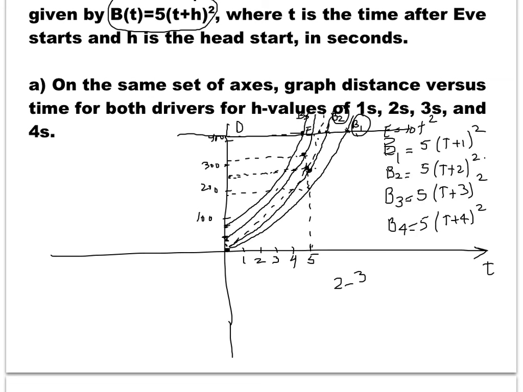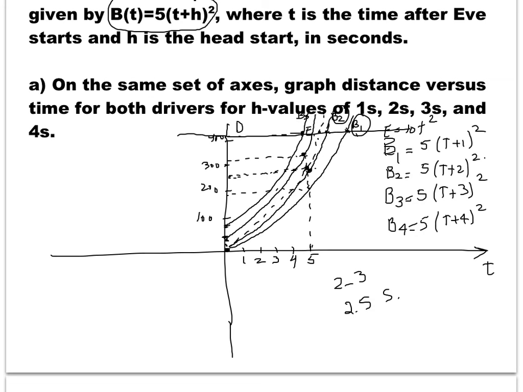So we can say about 2.5 seconds. So if the head start is not more than 2.5 seconds, still Eve is going to finish the game.